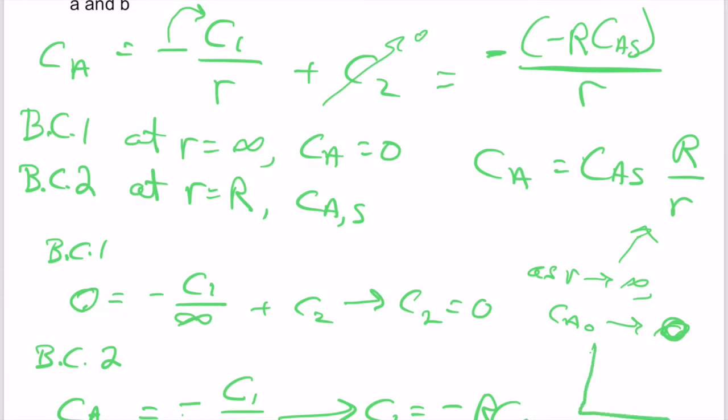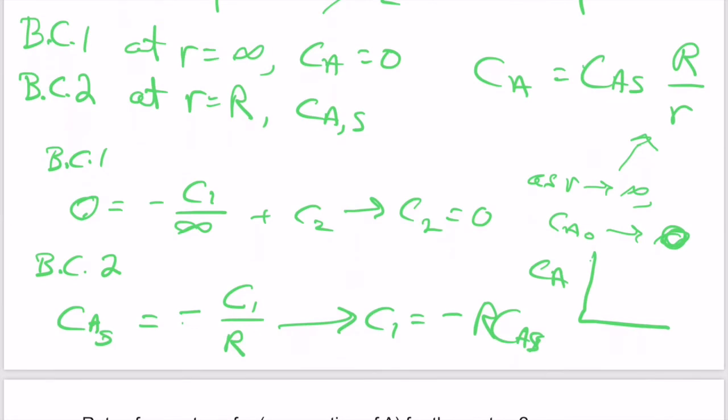It's going to be something like CA versus r, approaching 0 as it drops off. Notice that we've only solved for what's happening in the stagnant gas around us. If the gas starts moving, if there's a fan blowing or wind, stuff changes. And we know nothing about what's going on inside the sphere.